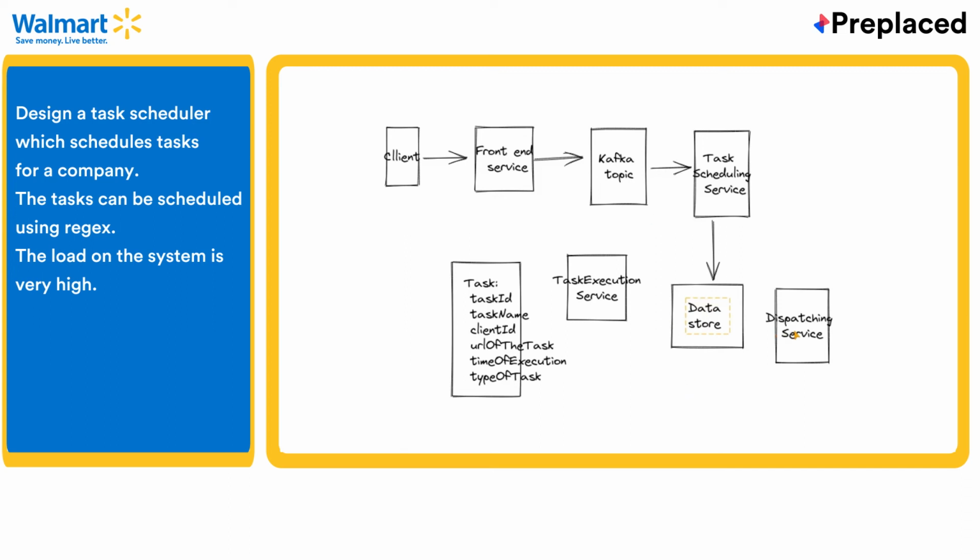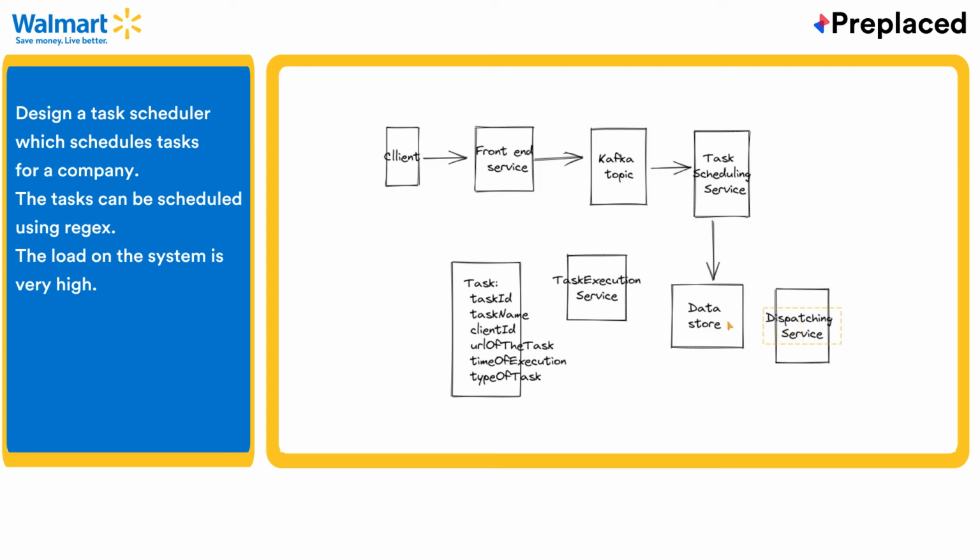The data store, we are going to store it here, and at that time the dispatching service will pick it up. What is the need of this then? So I think there is no need of this service as a whole.